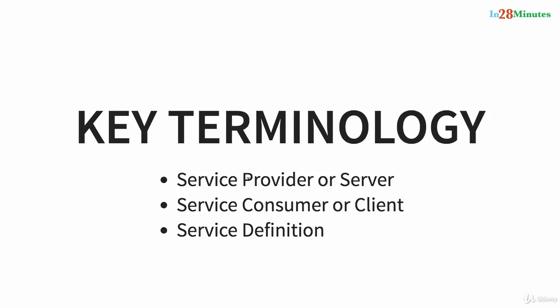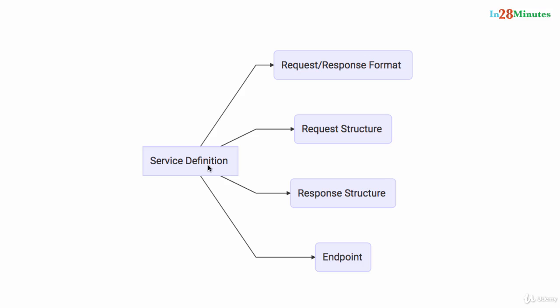We looked at service provider, the guy who's providing the service. The service consumer is who is using the service. The next important terminology is service definition. The service definition is the contract between the service provider and the service consumer. The service definition defines what is the format of the request and response, XML or JSON?